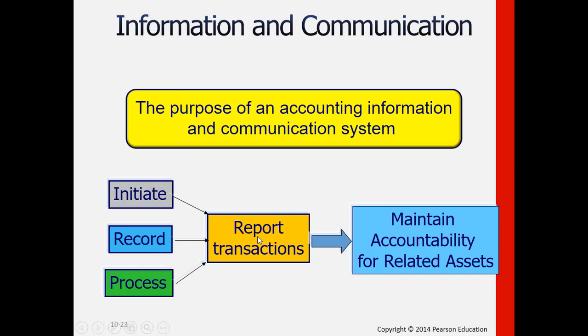Then transactions are to be reported to maintain accountability for related assets, because we have to make sure that certain transactions really are processed, and we can see the impact of those later on the reports and on the operations of the business, or what really happened in the operations of the business.